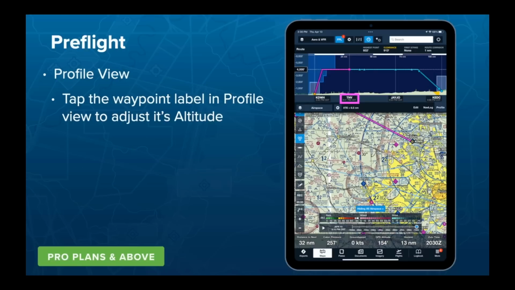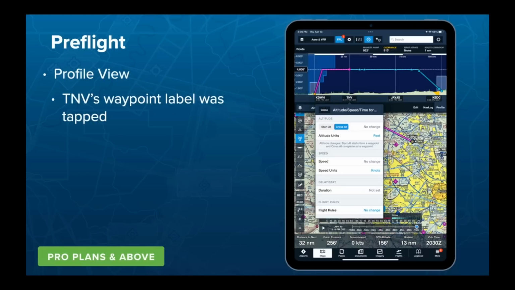When we view that route and our waypoints are presented at the bottom in those labels, if we tap on that waypoint label, say for now, a VOR, we're presented with an altitude, speed, and time box. This allows us to set a crossing-at or starting-at altitude for that particular waypoint. And once that's done, the profile view will actually draw that descent on the profile view for us.